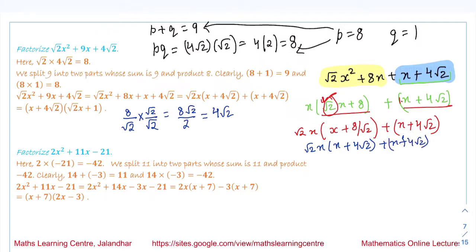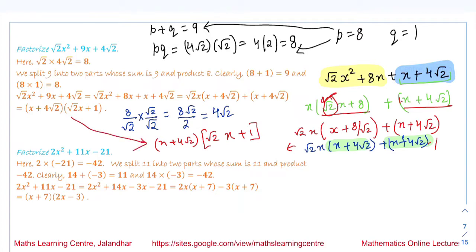Now these two terms are same, and basically we are having 1 over here. So when you take x plus 4 root 2 common, we are left with root 2x plus 1. This is our final answer.